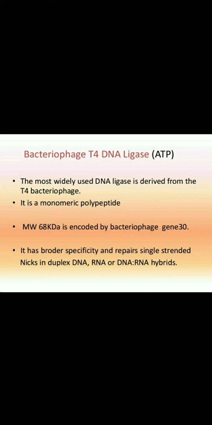This bacteriophage has a head, neck and tail part. In the head part we introduce the DNA fragment, and via the tail it releases that DNA fragment into the plasmid, and it also acts as a welder.